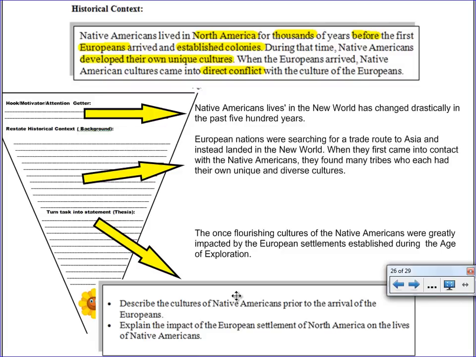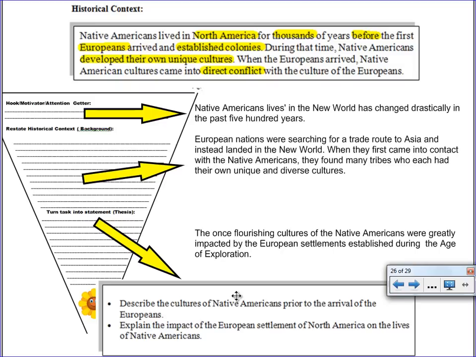It doesn't give a time frame for 500 years. It does say they came in direct conflict, so we chose a statement that addressed that the lives in the New World of the Native Americans changed drastically over the past 500 years. That including 500 to about 2000, so the past 500 years. So there's part 1, the hook, that's finished.